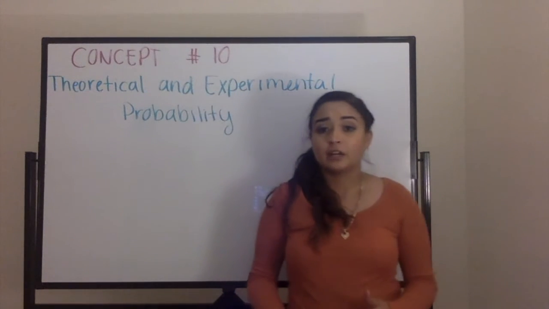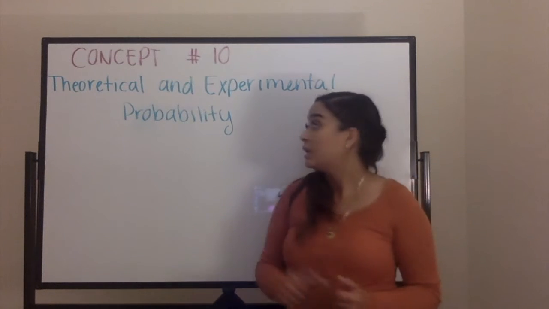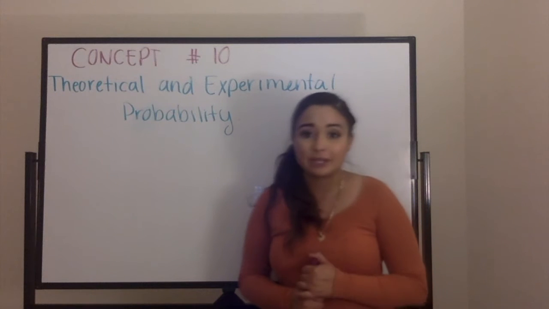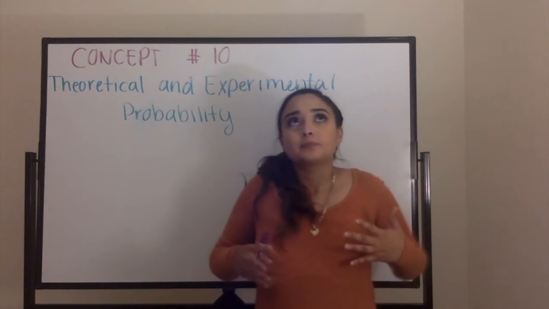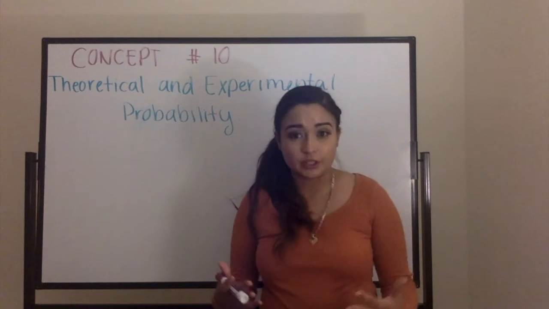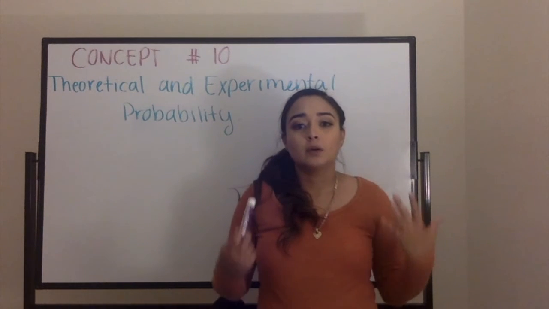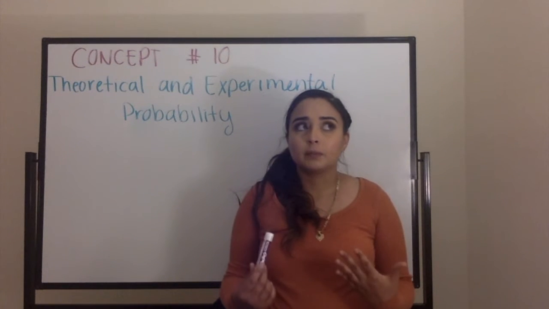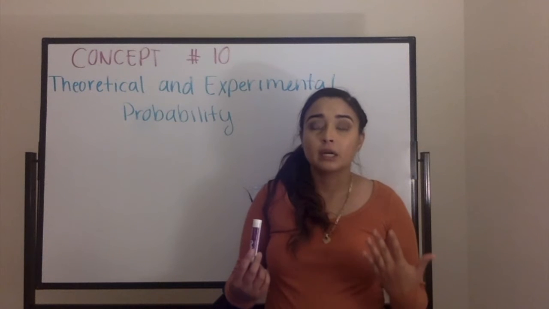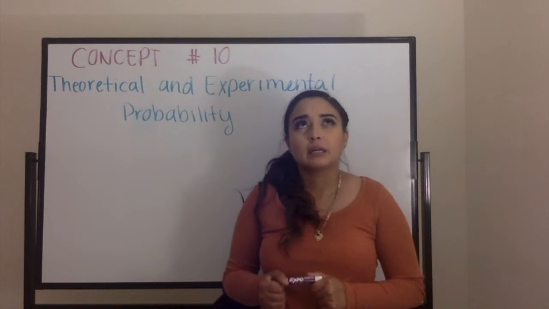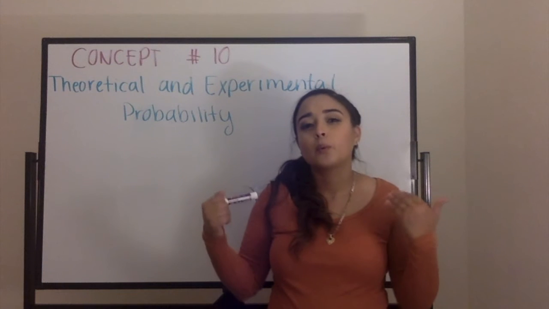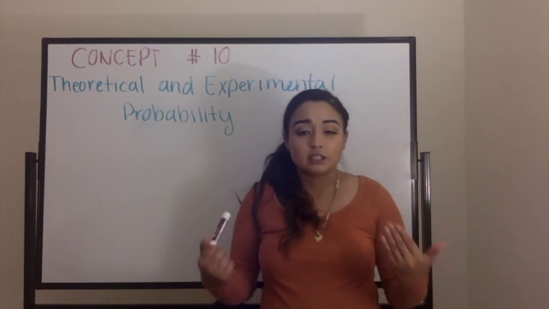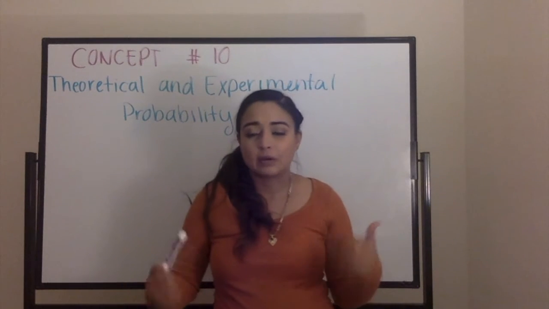Today we're going to get started on concept number 10, which is on theoretical and experimental probability. To get started, we are trying to figure out how we can know how likely it is for an event in a certain circumstance to turn out for us.